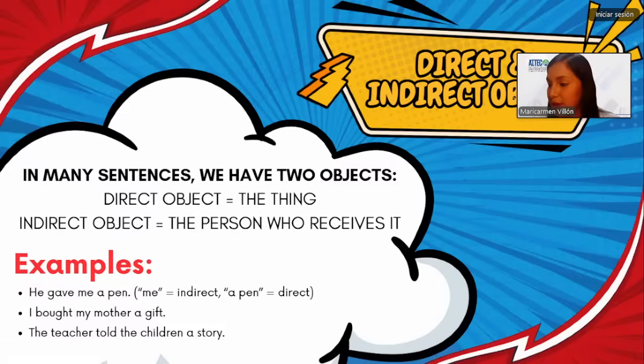El direct object. Voy revisando el chat. ¿Cuál sería en esta oración? I bought my mother a gift. Remember that direct object is the thing. Veamos. Excellent, Jocelyn. Mother is indirect.